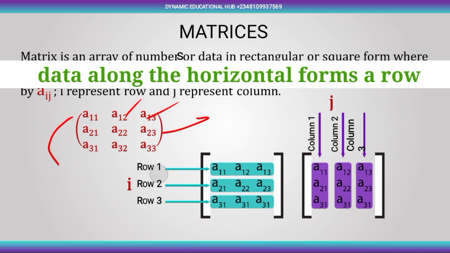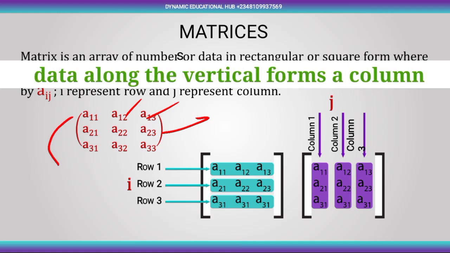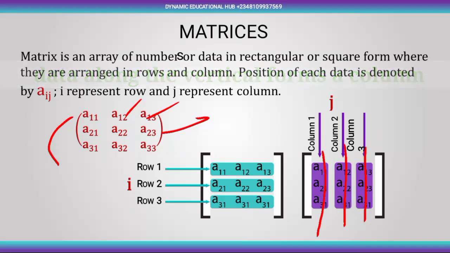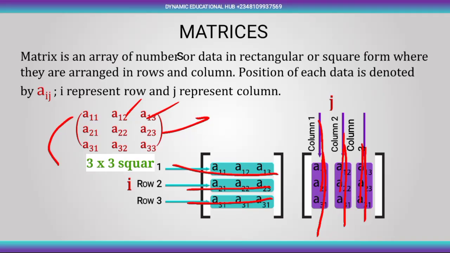And for a column, any arrangement you make in vertical form, this is 1, this is 2, and this is the third column. While horizontal is your row 1, row 2, row 3, your column is column 1, column 2, column 3. Like this, the matrix above is a 3 by 3 matrix.